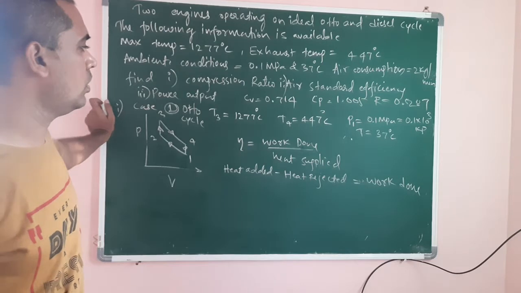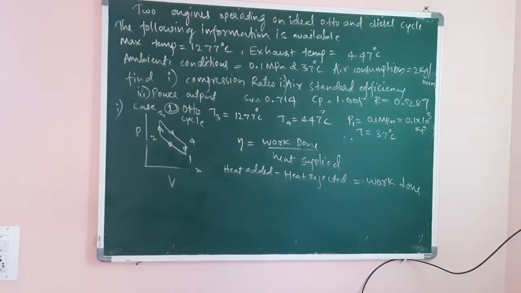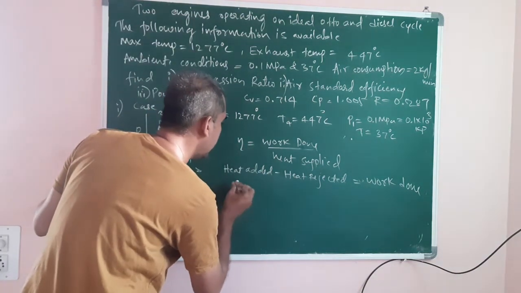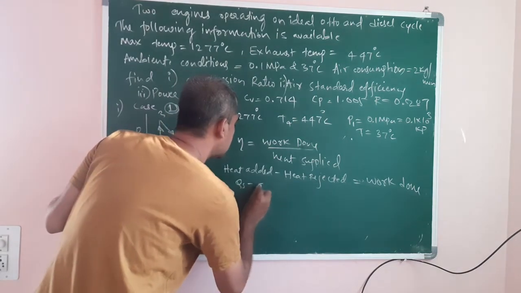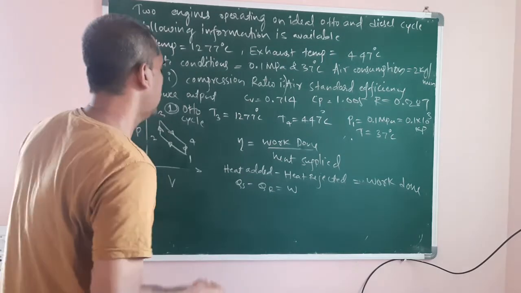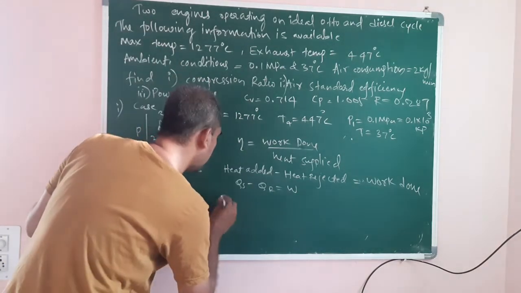If I write QS minus QR is equal to work done. Therefore, QS equal to, we know one more from this formula.